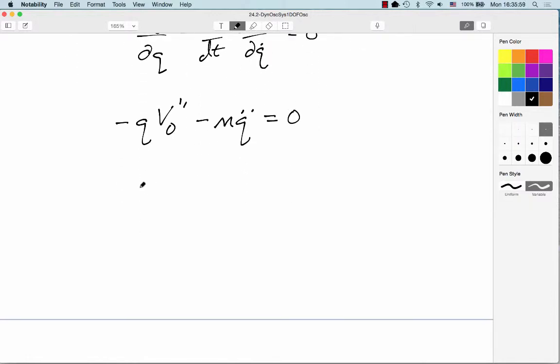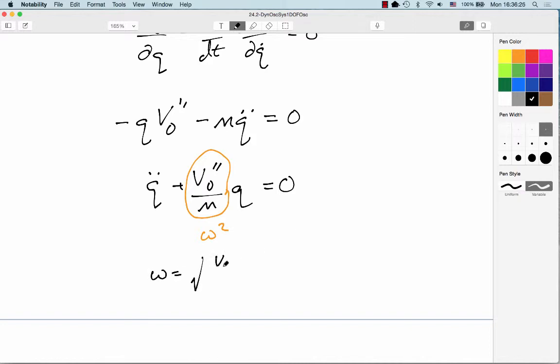Okay, we can put this into standard form. So we get Q double dot plus V naught double prime over the generalized mass times Q equals 0. We recognize that we have a simple harmonic oscillator, so then this term here has to be omega squared. So we conclude that omega equals root V naught double prime over the generalized mass.